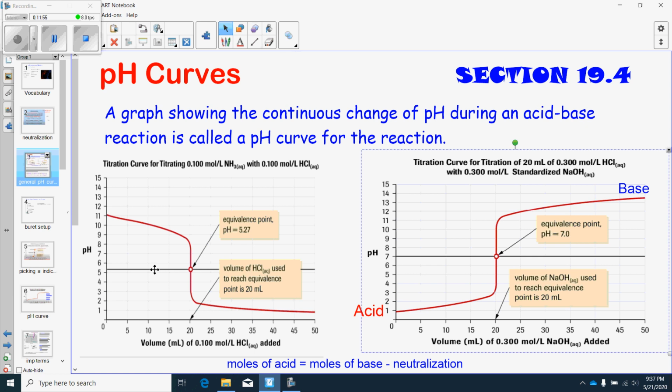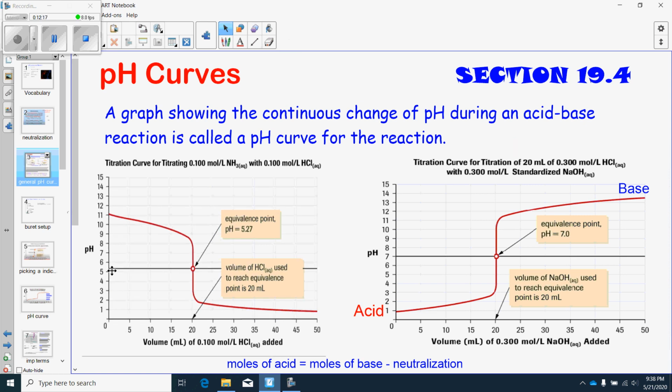But over here, it's a little different. We started with a base, but ammonia, NH3, is not a very strong base. And so what happens here is it's going to neutralize still, but it's a little later, right? In this case, just trace over. If you're ever wondering what the pH is when it neutralizes, here it's about 5.5.